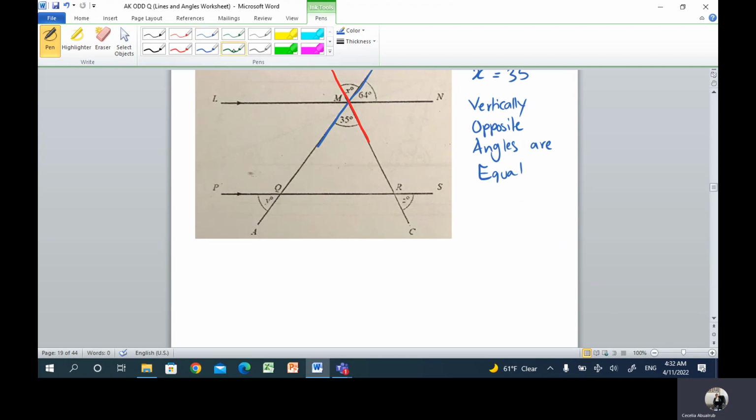Okay, and let me just draw this line here. So the angle between the navy and the green, which is 64, the navy and the green, so this one is 64 as well. Okay, this one is 64 as well. And as you can see the parallel lines here, let's apply the rules of parallel lines.